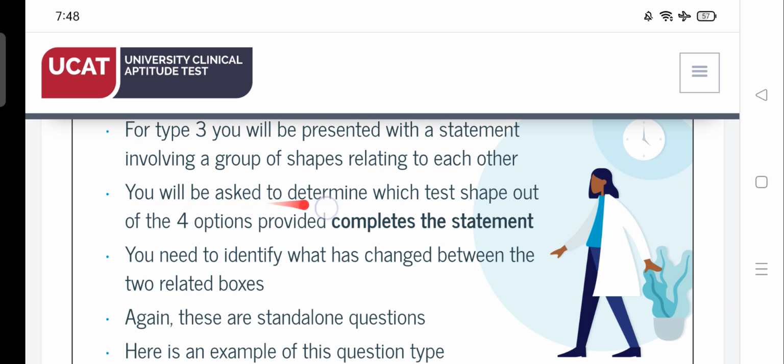You will be asked to determine which test shape out of the 4 options provided completes the statement. You need to identify what has changed between the 2 related boxes.